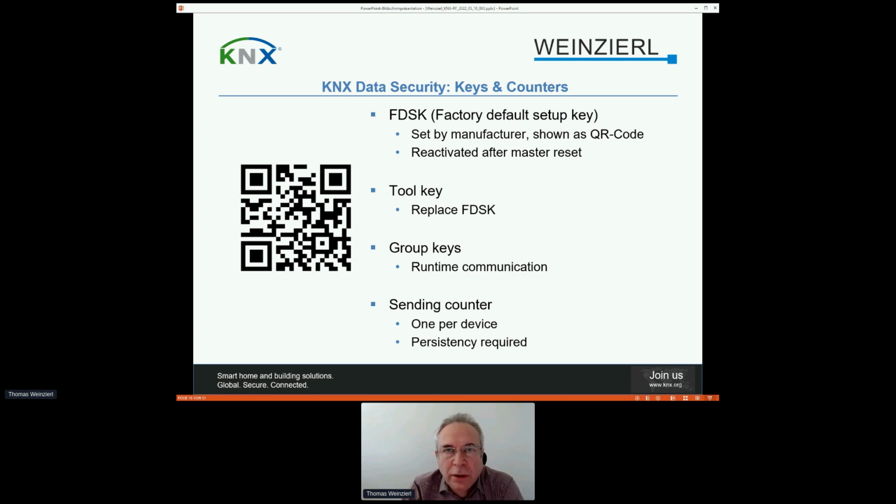The device certificate just holds the serial number of the device together with an FDSK, factory default setup key, which is required to do Knx commissioning of the network already from the beginning in a secure way. So even if a third party can listen to the download while doing the device, also the first download when it touches the device the first time is already secured.